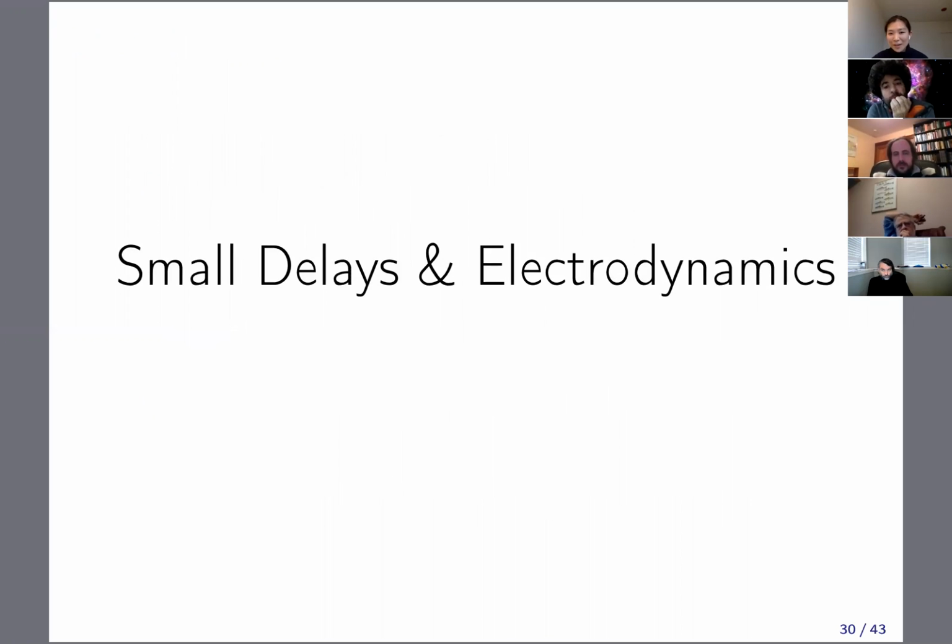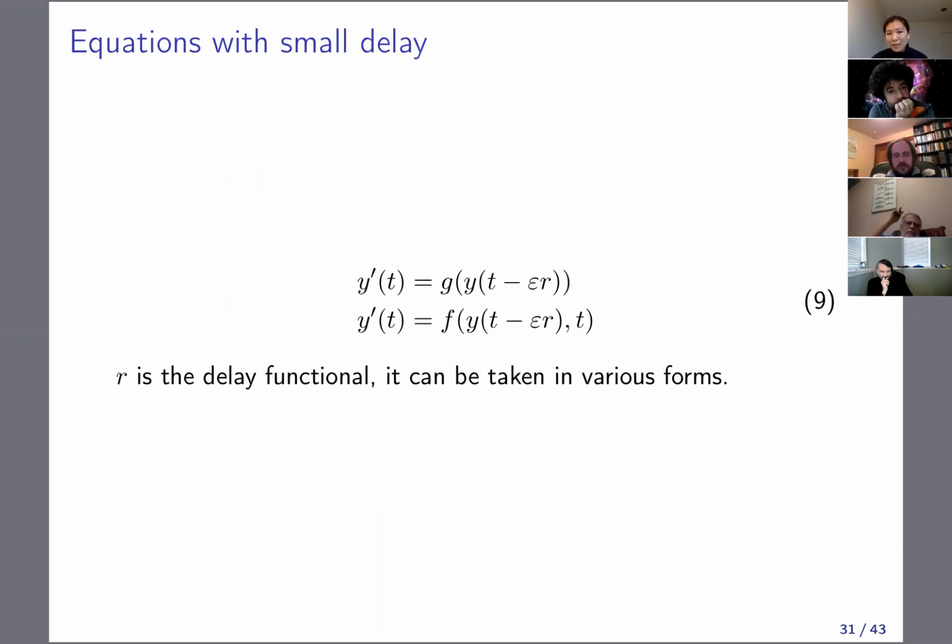Now we are ready to talk about small delays and electrodynamics. In many applications, one has to consider equations with small delays. Here we consider the autonomous case and also the time periodic case. As we will see, this time periodic case will be useful when we consider electrodynamics.